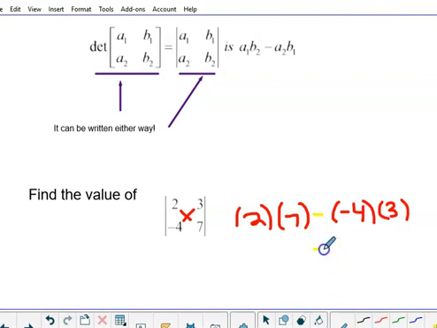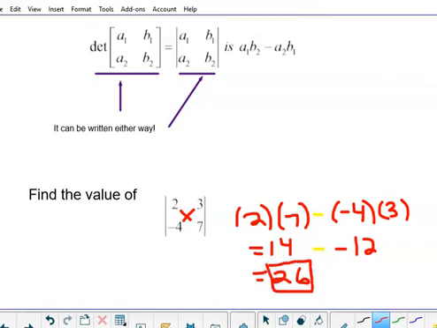So 2 times 7 is 14. -4 times +3 is -12. And now this is equal to 14 minus a negative, which is the same as a plus. 14 plus 12 is 26. That is the determinant of this matrix. So again, we need the determinant in order to help us find the inverse.